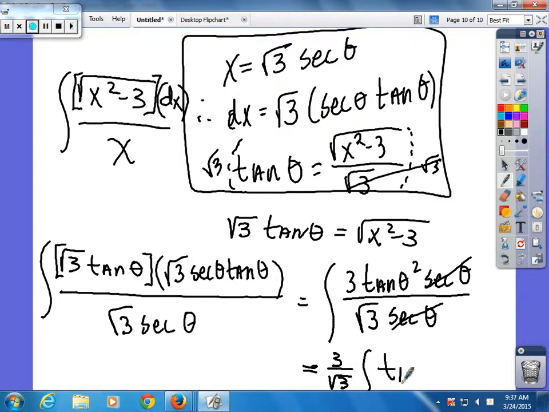Antiderivative, tangent squared theta, d theta. And that'd be 3 times square root of 3 over 3. And the 3s cancel, and you're left with the square root of 3 times the antiderivative of tangent squared theta.